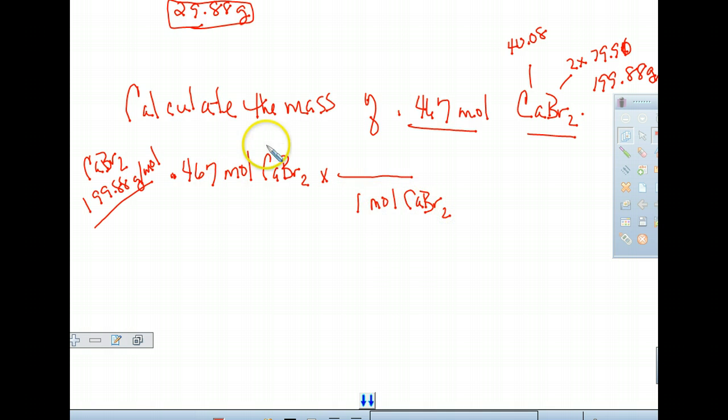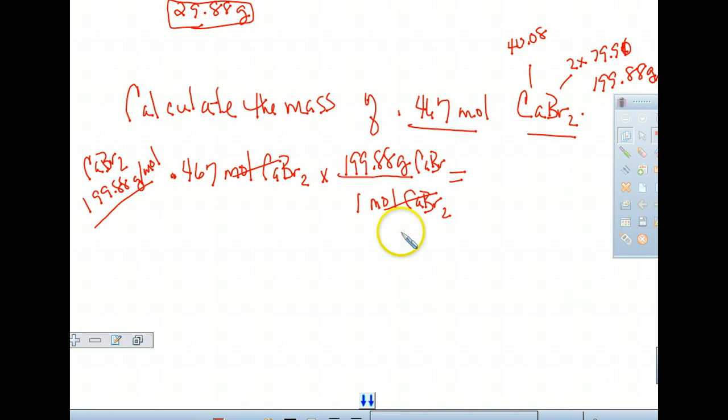That way I can cancel out moles. And at the top, I'm going to put 199.88 grams of calcium bromide. If I notice, I can cancel out moles of calcium bromide. I am at grams of calcium bromide, which is what they ask for, which is looking for the mass.